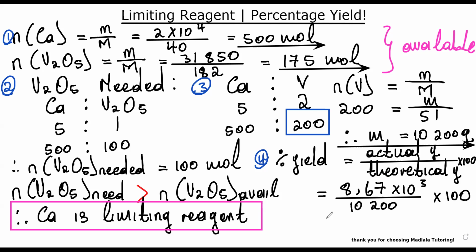And we times the entire thing by 100. So let's see how much we get as our percentage yield. Well, we find that the percentage yield will be a solid 85%.